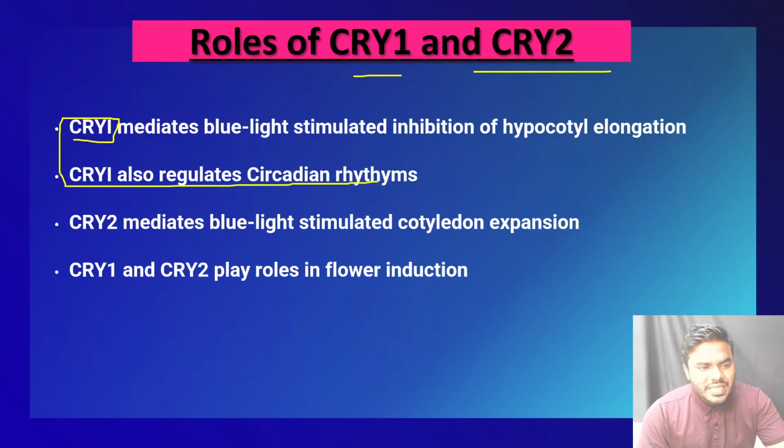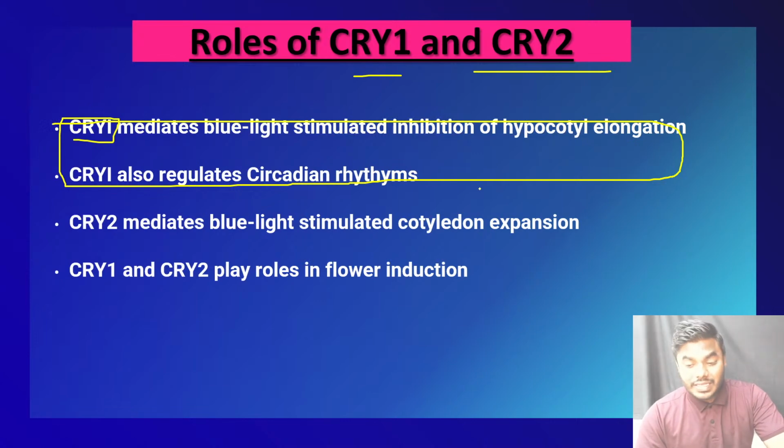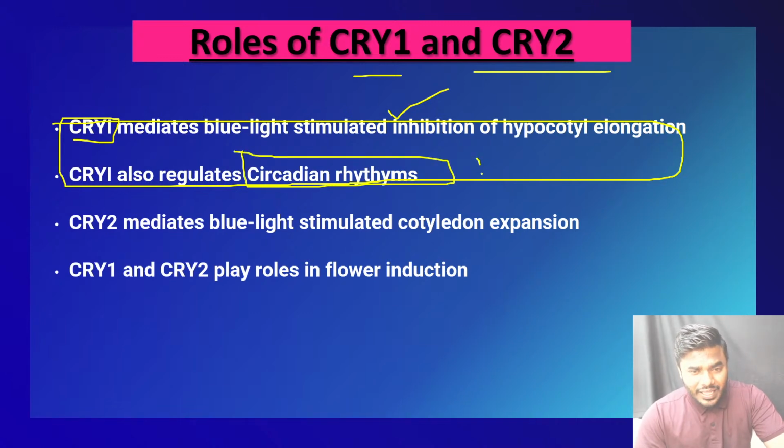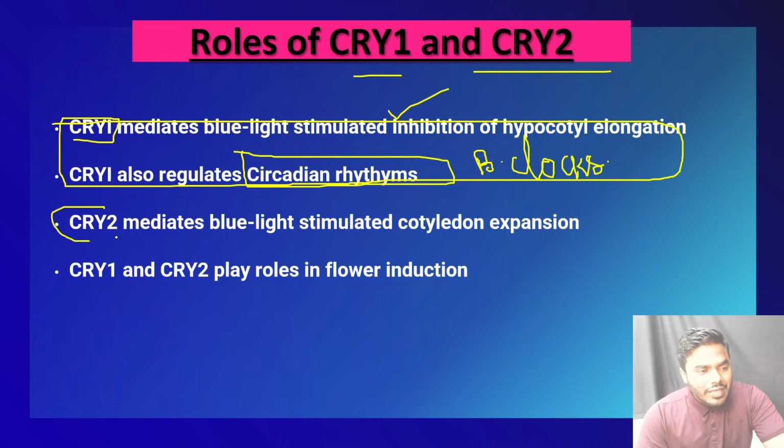Cry1 basically performs two major functions. Friends, this is important for the exam, don't forget. Cry1 inhibits hypocotyl elongation. First point. Cry1 is also involved in regulating circadian rhythms, which are biological clocks, which we will read in the evolution chapter. When it comes to Cry2, what is it going to do?